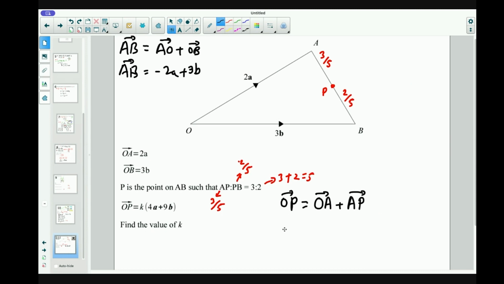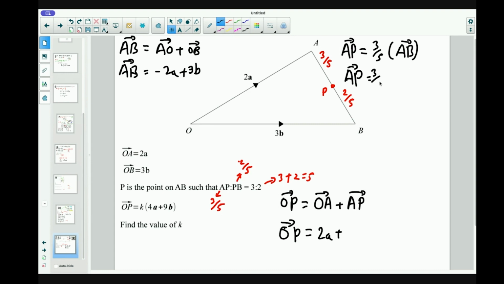So you can see that vector OP is the same thing as 2A plus whatever AP is going to be. Let's figure out what AP is. A to P is 3/5 of the way, or 3/5 of vector AB, and we already figured out what vector AB was earlier.